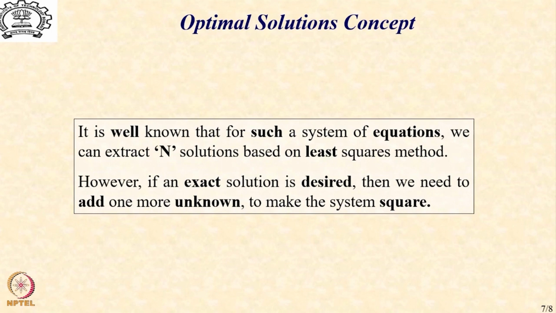Of course, if we are not really looking at a very exact solution, this works very well and is commonly employed in many cases. However, if we are looking at an exact solution, then obviously this is not going to work. There are two possibilities that one can think of. One, we can drop one equation and use the remaining n equations for n unknowns and solve for the n design variables.